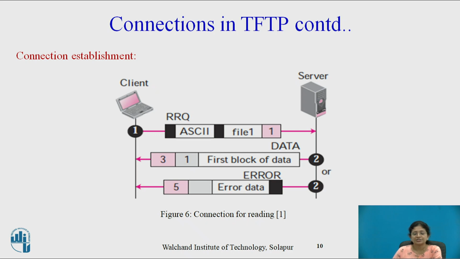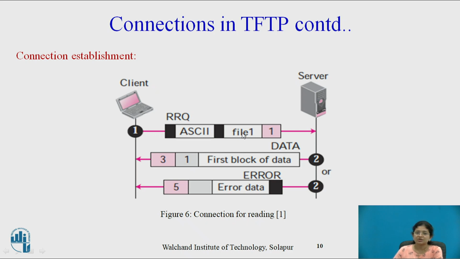So, this is the connection for reading. Now, look here, the client sends RRQ, that is the read request. The first field is always set to 1. The second is the file name, which is file 1, and the next is ASCII, that means the transmission mode.